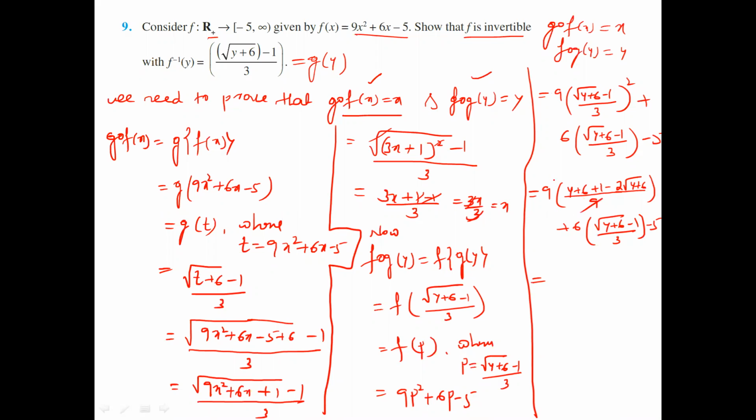So this 9 gets cancelled. Here 3 one time, here 3 two times. Here 2 root of y plus 6, here minus. This term gets cancelled. What is the remaining here? y plus 6 plus 1, 7. Next here 2 is applicable to the minus 1 also, so minus 2, so minus 5. So y plus 7 minus 2, this entire term gets cancelled. We'll get y. So therefore, what is the conclusion?